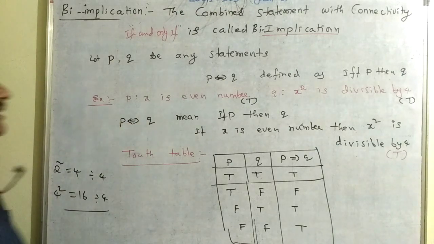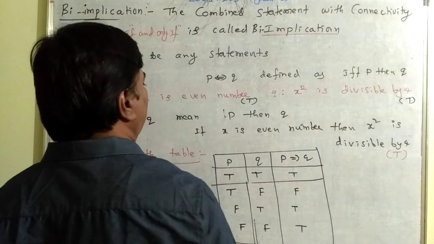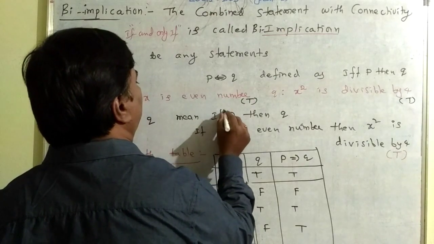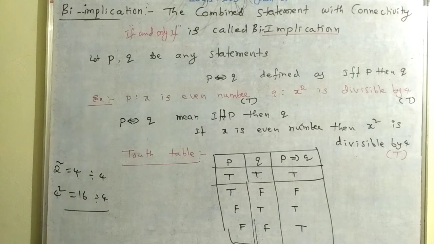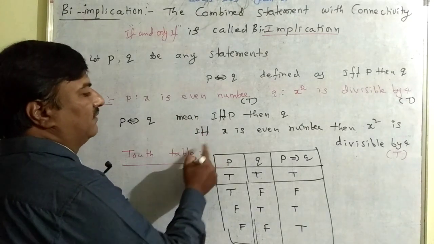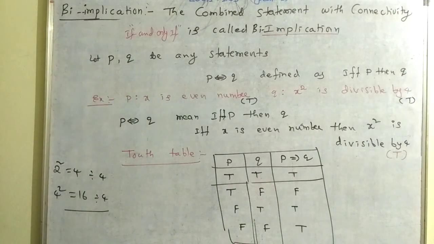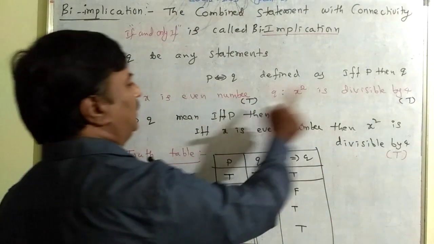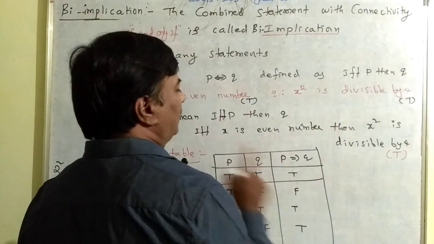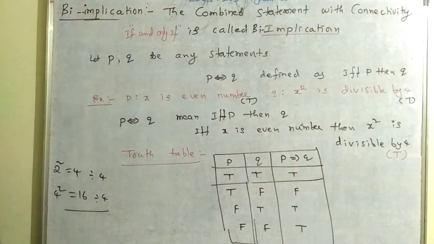P biimplication Q means P if and only if Q: x is an even number if and only if x square is divisible by 4. Let's consider the first statement true, the second statement also true, and the final result we can discuss as a true statement. We'll discuss in the truth table how the combined statement is true.